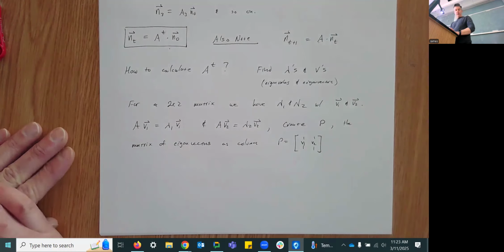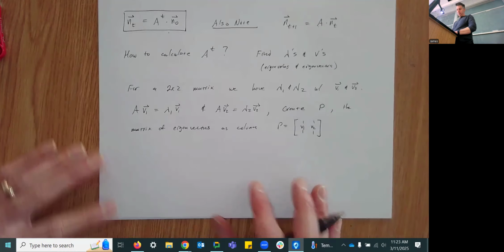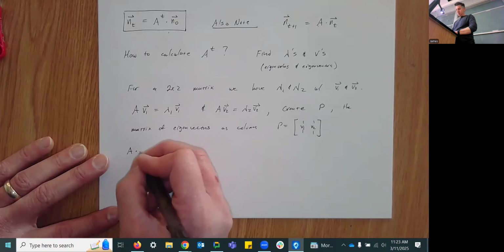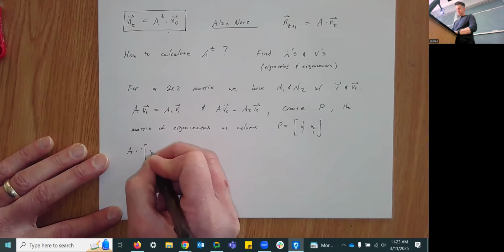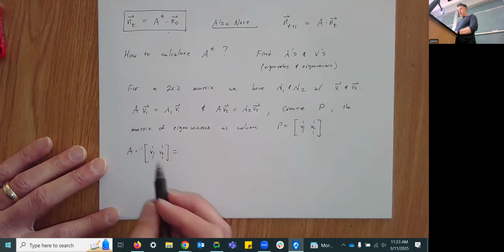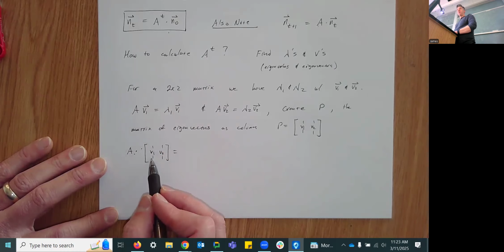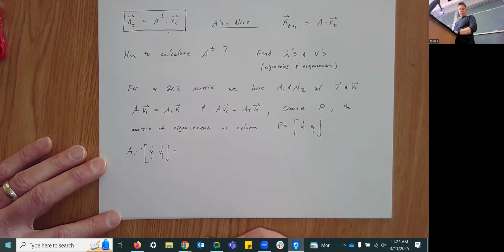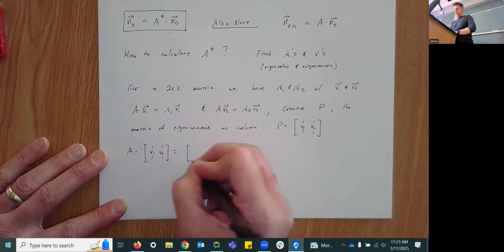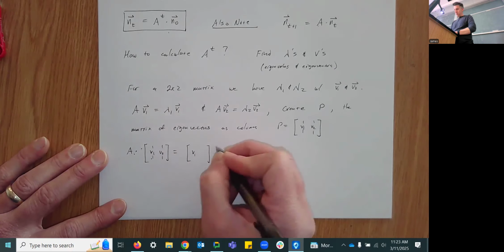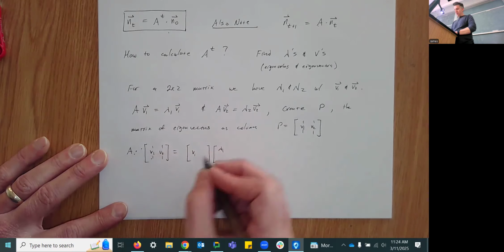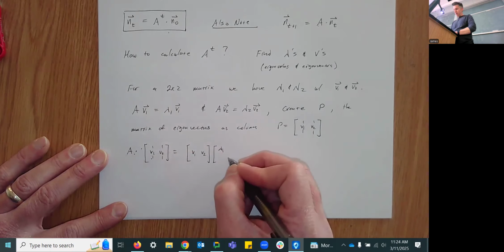And what's great about this is we have the following. A times the matrix P: well, A times the first eigenvector gives you lambda 1 times the first eigenvector, so that's really going to be the first eigenvector multiplied by lambda 1. And then A times the second eigenvector gives you the second eigenvector multiplied by the second eigenvalue.